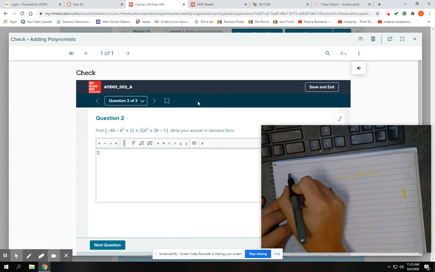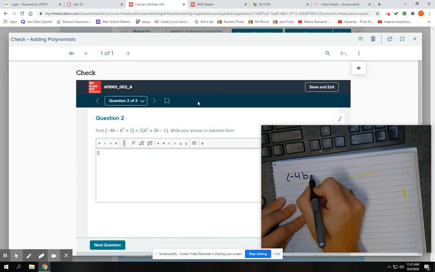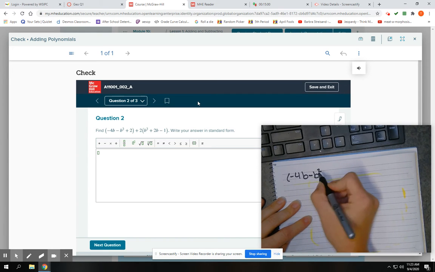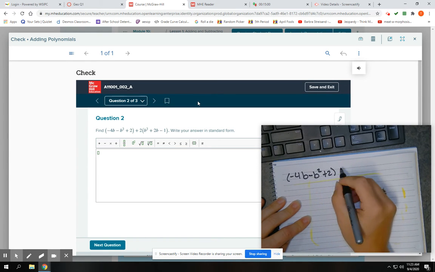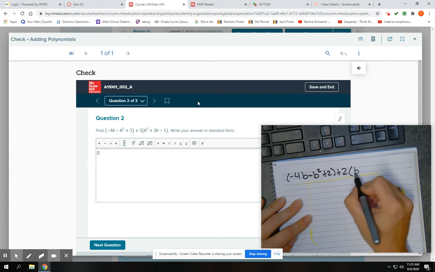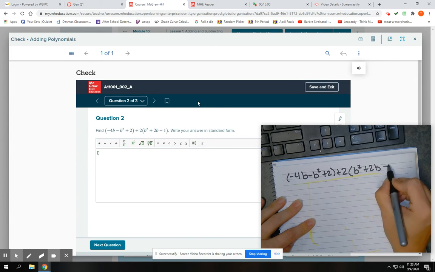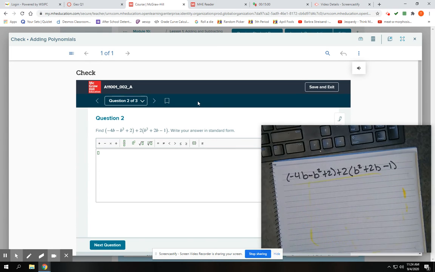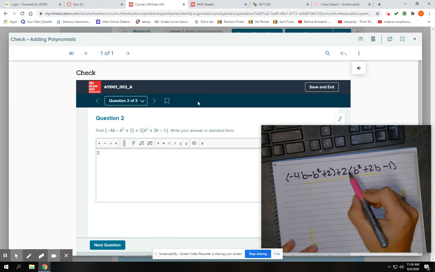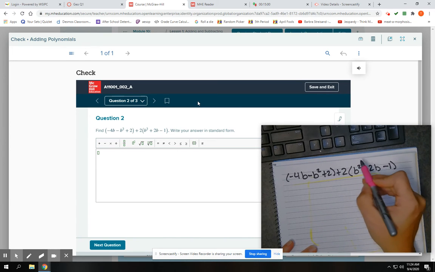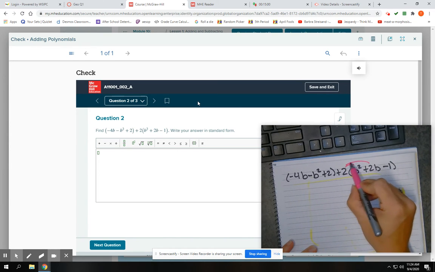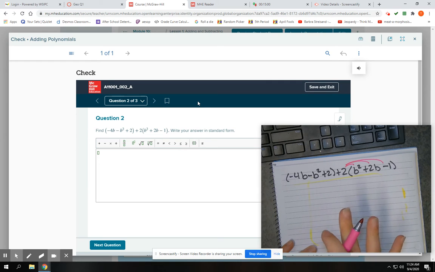All right, we're going to take negative 4b minus b squared plus 2, and we're going to add 2 times the quantity b squared plus 2b minus 1. So this one has an added step now because we have the 2 multiplying with these parentheses. So we're going to distribute that 2 first before we do anything else.